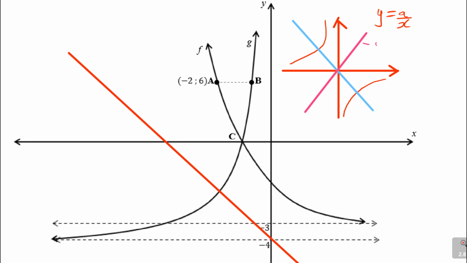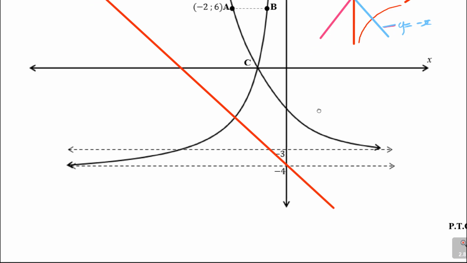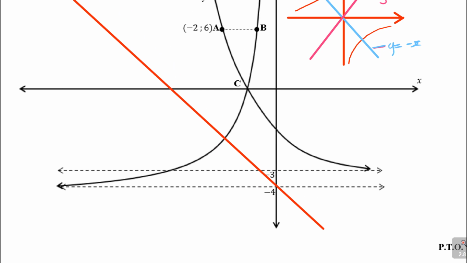So this one is called y is equal to x. That's the equation of the axis of symmetry. And then the other one, this one is y is equal to minus x. Are you getting it? But now, on this graph, you can see that this graph went down by minus 4.